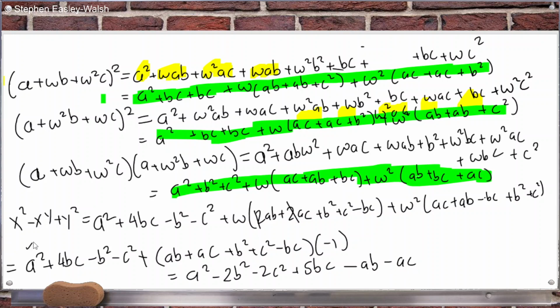So let's see, A squared, yeah, and then minus B squared minus C squared, yeah, okay. And then 4BC, so plus 5BC minus AB minus AC.